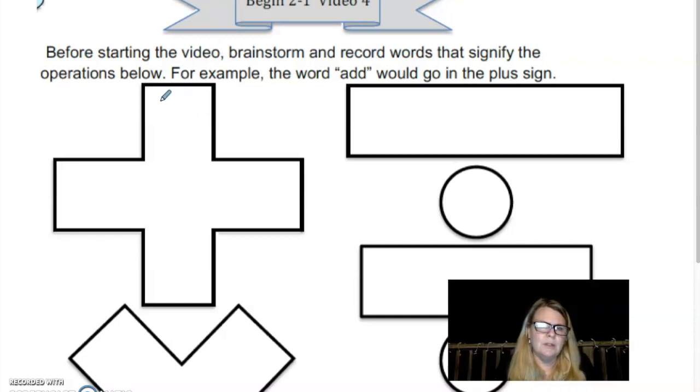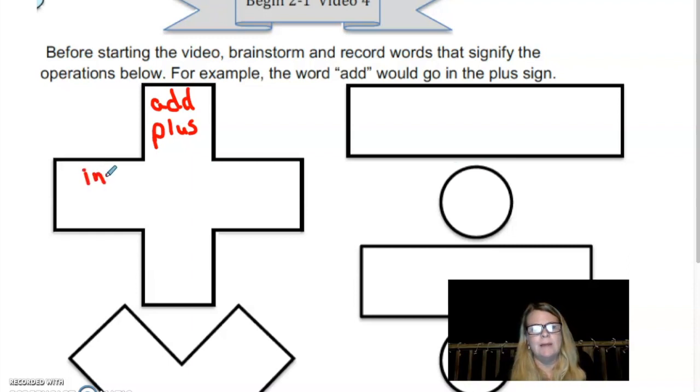So, of course, the one everyone's going to write is add and plus and all those kinds of things. But let's think of some more that are maybe a little bit out of the ordinary. So what if we said that it was increased by?